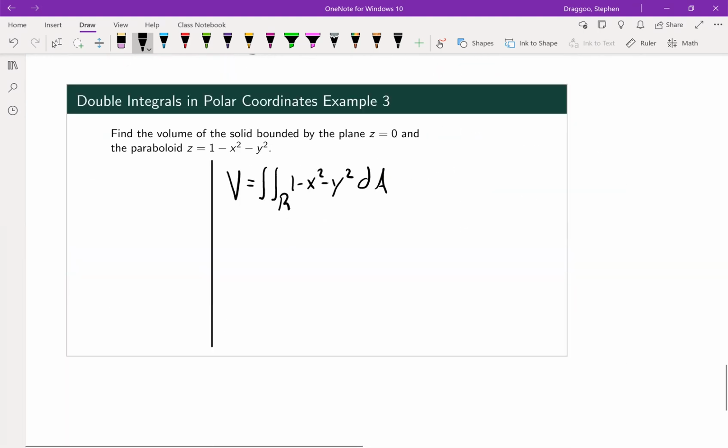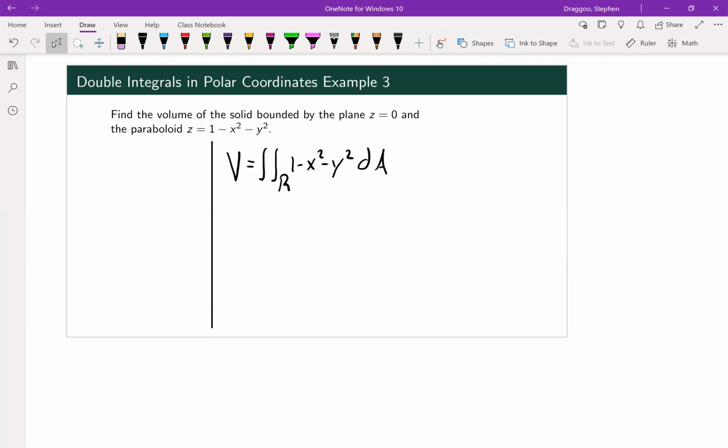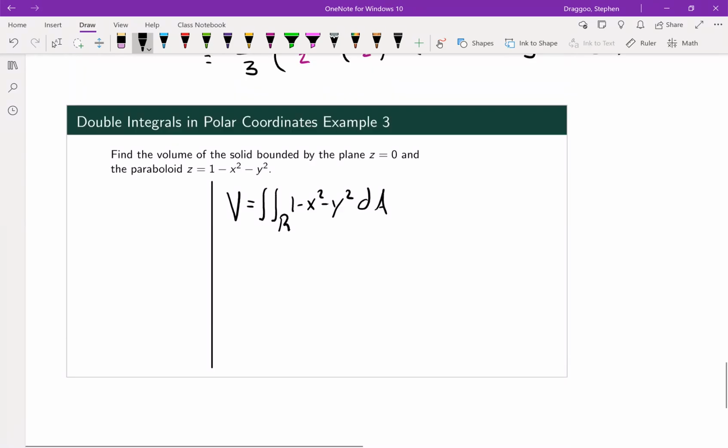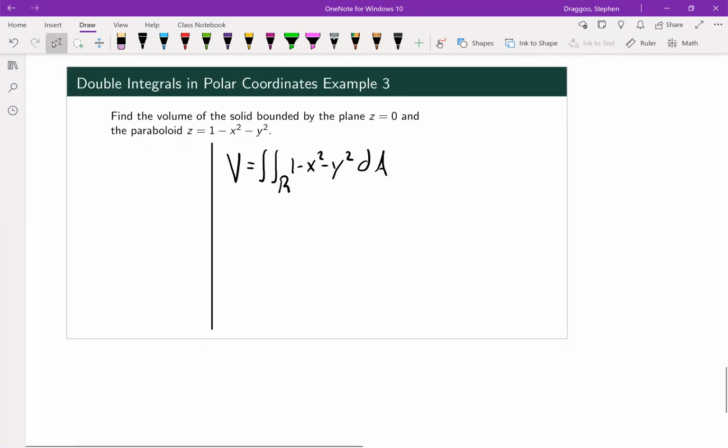All right, and finally, our third example, we'll find the volume of the solid bounded by the plane z equals 0, and the paraboloid z equals 1 minus x squared minus y squared. So if we look at what that two-dimensional region in the xy plane is gonna look like, that'll be what happens if we set our equations equal to each other.